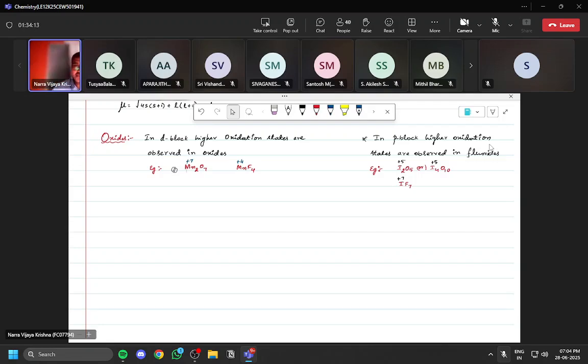Therefore, higher oxidation states are possible.